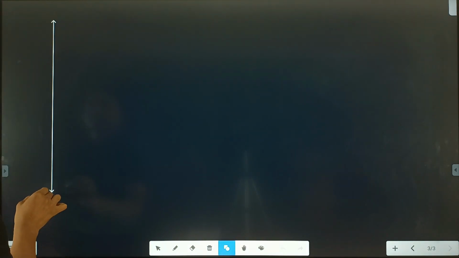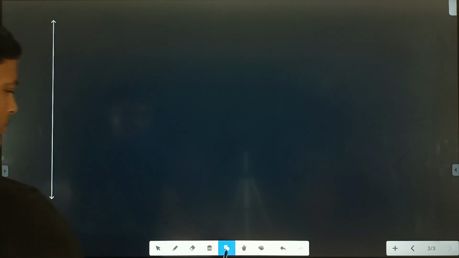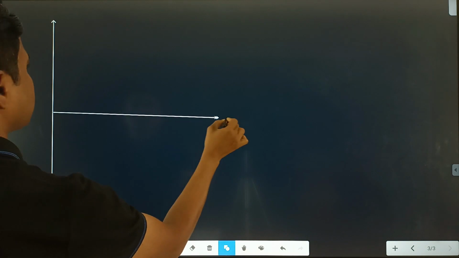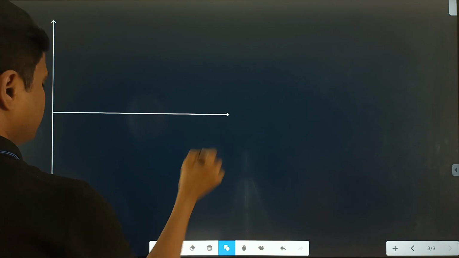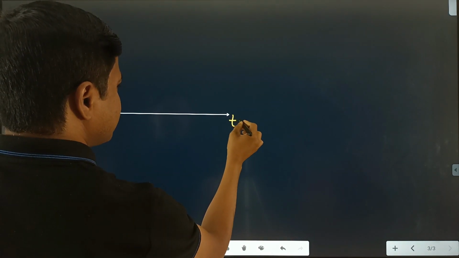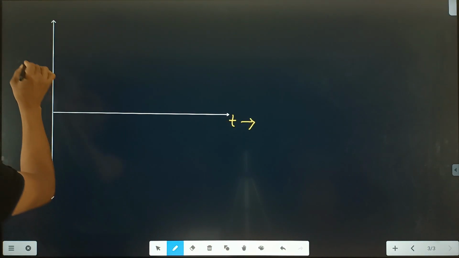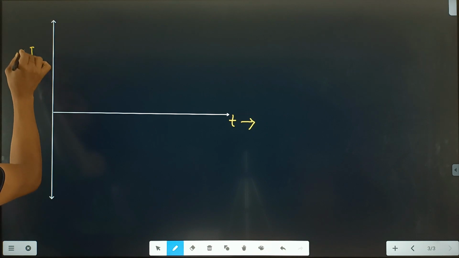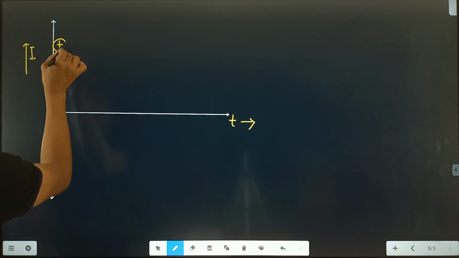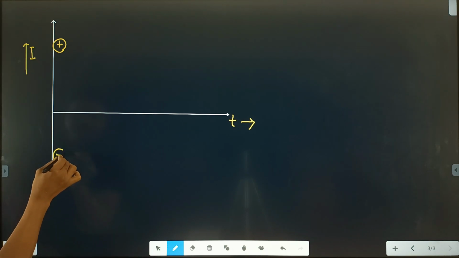Suppose this is one axis and we draw another axis. Suppose this one is your x axis. On the x axis we take time t, and on the y axis we take the current, and this side is the positive side and this side is the negative side.